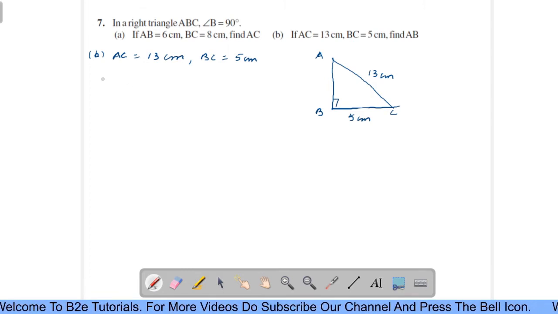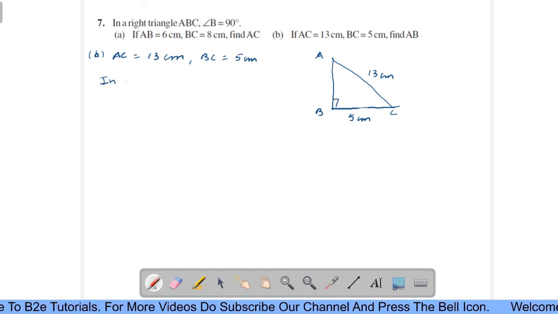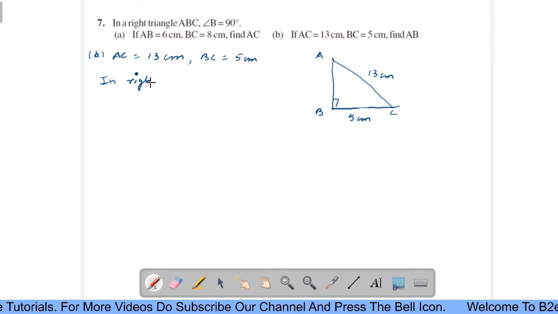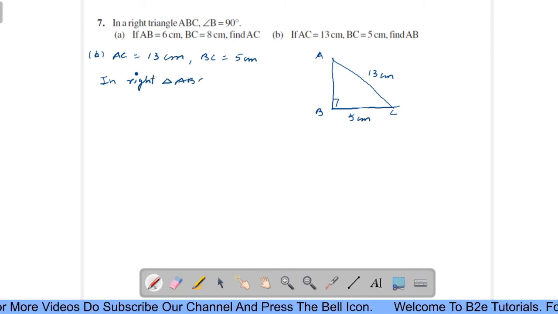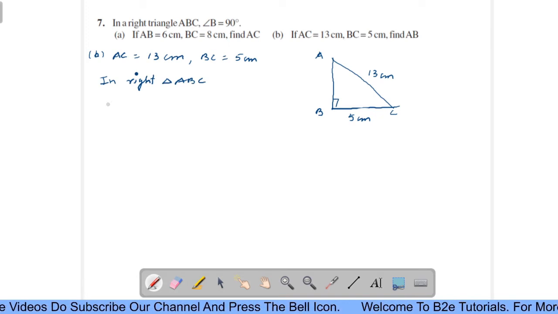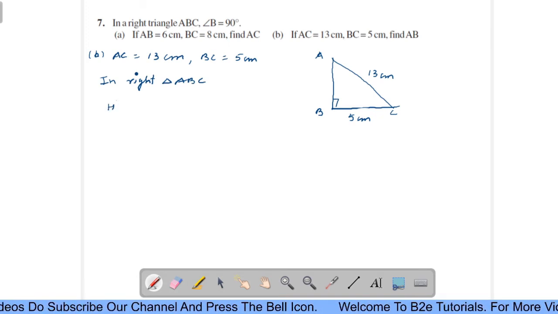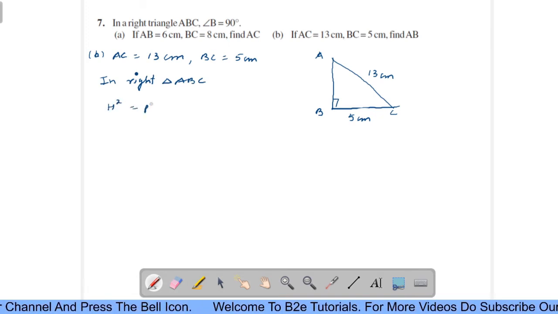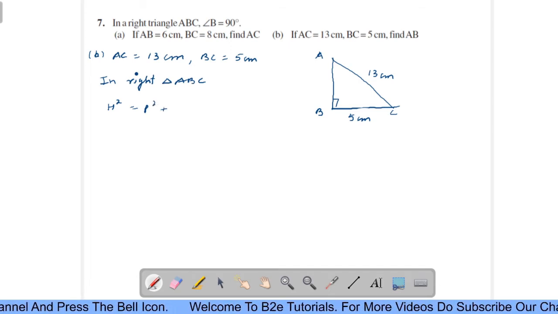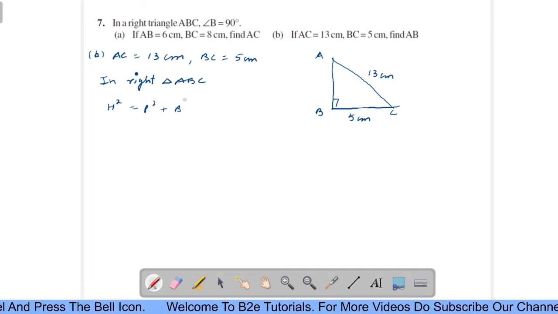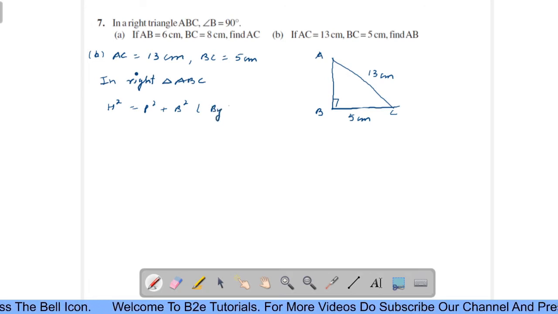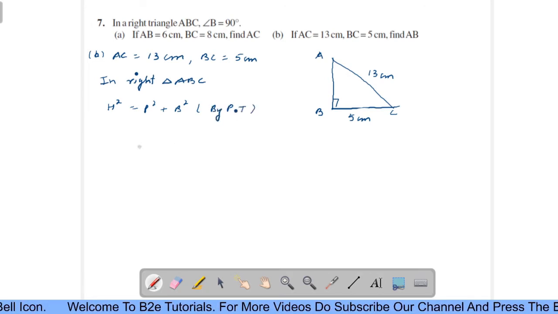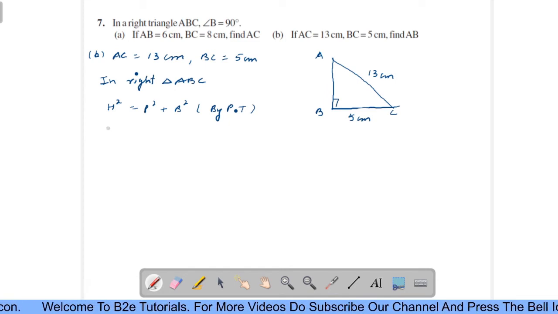In right triangle ABC, hypotenuse square equals perpendicular square plus base square by Pythagoras theorem. Here hypotenuse is AC.